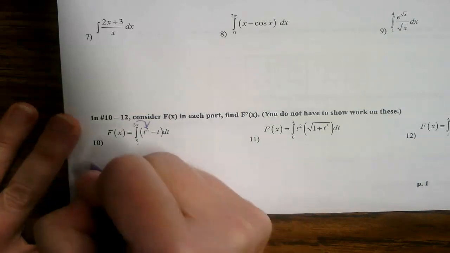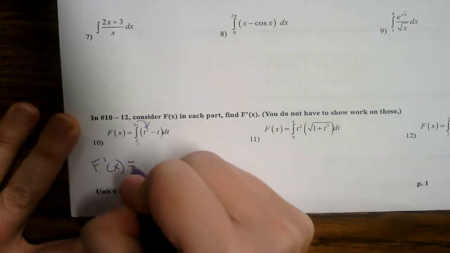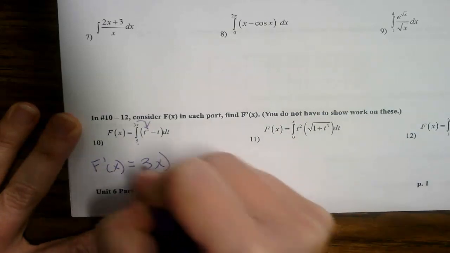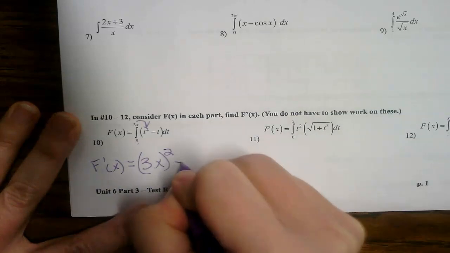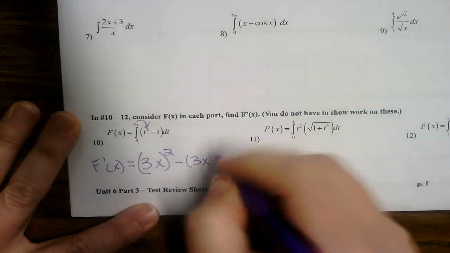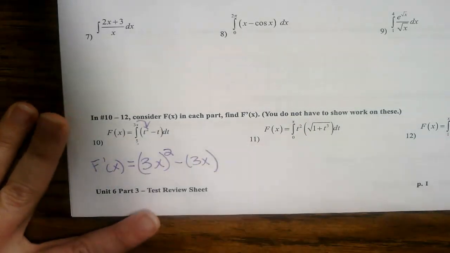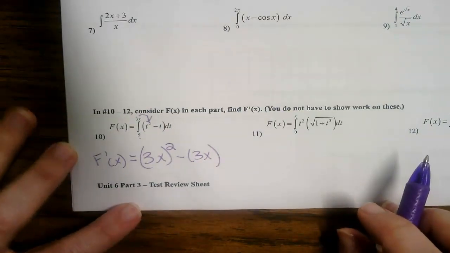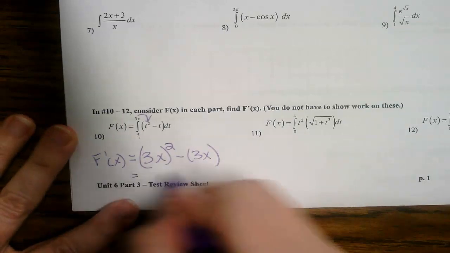So how I'm going to write this is the derivative of f is 3x squared minus 3x. All I did is I plugged the 3x in for both of those t's. And if this was on the multiple choice, they probably would simplify this a little bit.